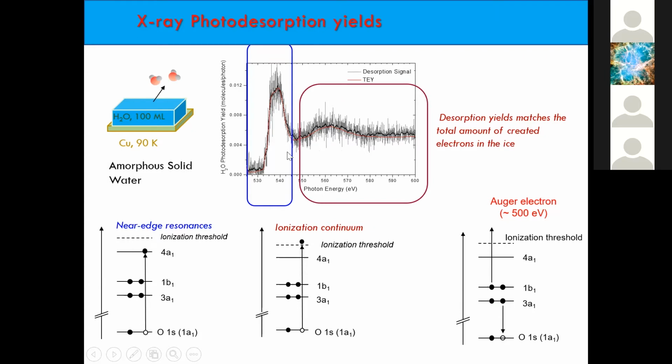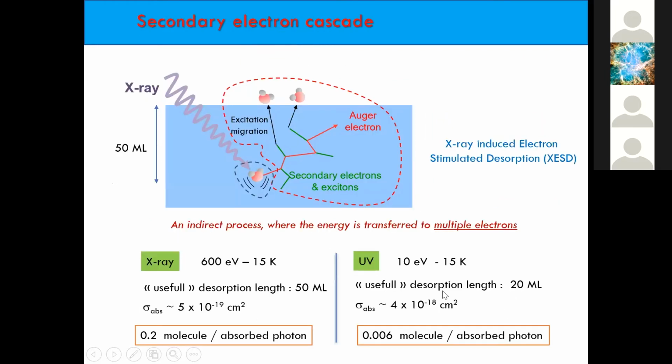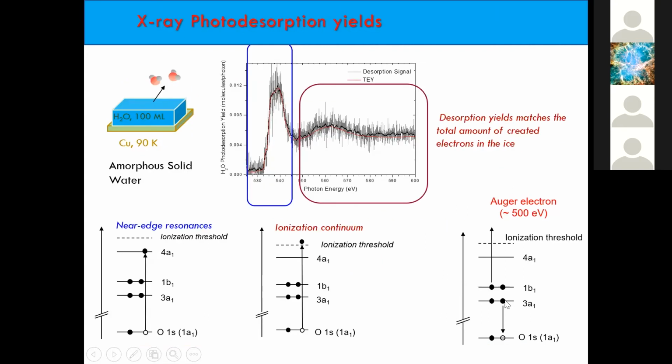So in both cases, we have a situation where we have a core hole, and in 3 femtoseconds the atom is relaxing and inducing the emission of a very fast Auger electron.